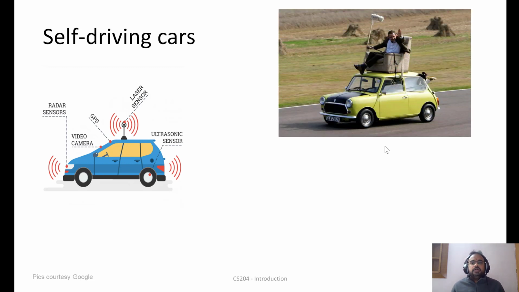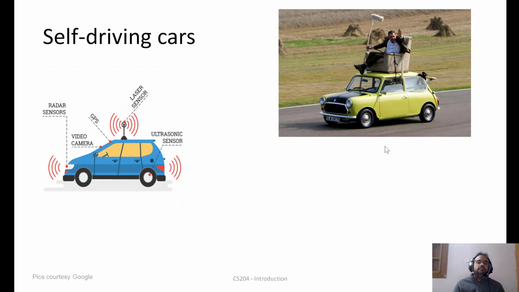Now, on a funny note, here we have Mr. Bean trying to drive the car sitting on top of it. You can imagine that he's trying to, you know, emulate the self-driving car. Of course, he himself is driving that, but he wants the overall view of what's going on at the back, what's happening at the front, and take appropriate decisions, etc. Of course, the very first thing that comes to our mind is safety.